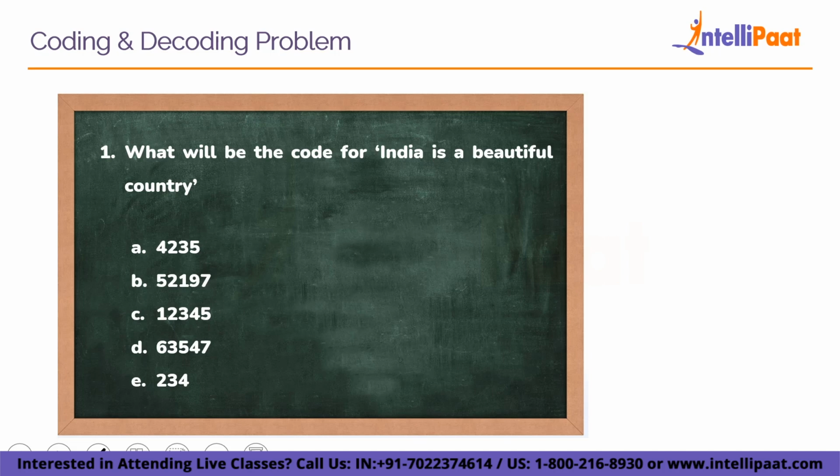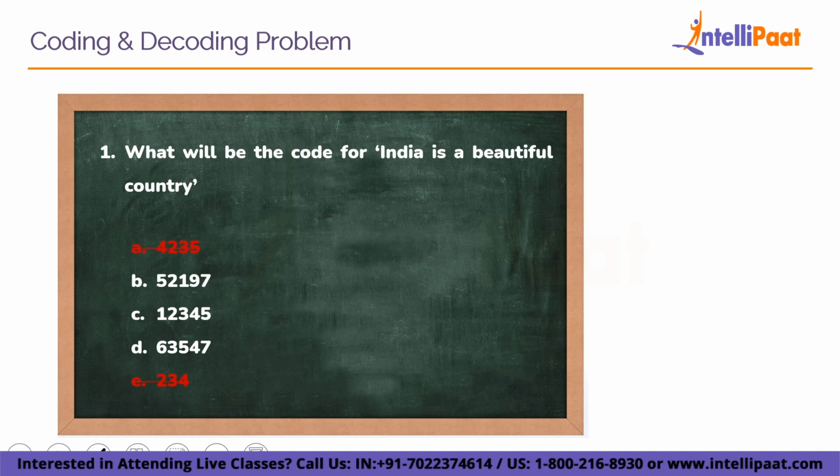We have actually 5 words, so our code should be a 5-digit numeric code. In that case, options A and E get eliminated directly, and we are left with 3 options, B, C and D.